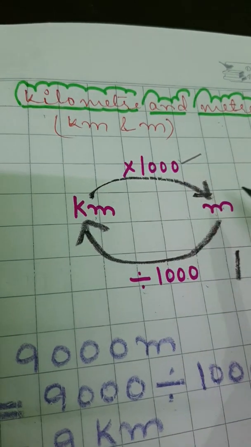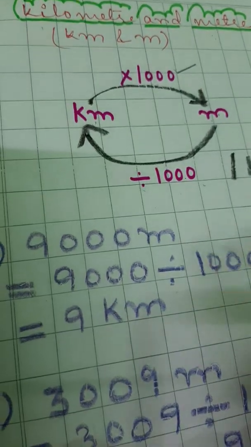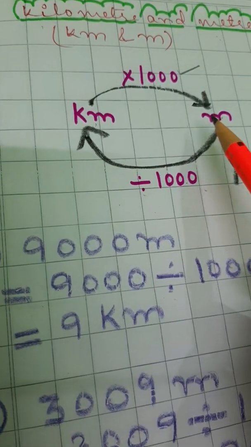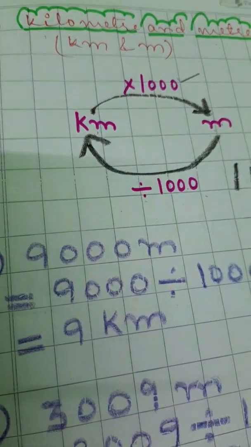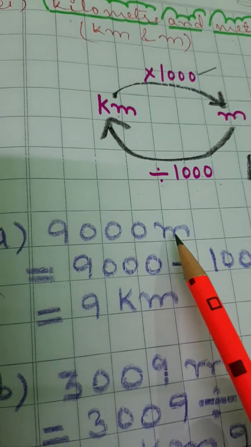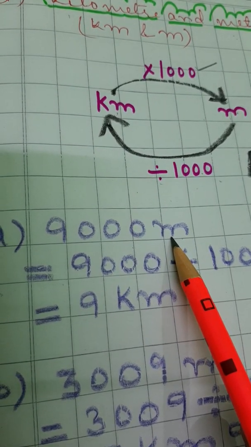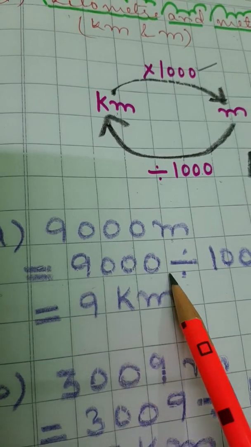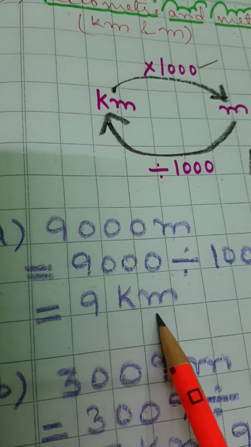This we have done in the previous exercise worksheet. So I will take the example of division, that is converting a smaller unit to the bigger unit. 9000 meter. If I want to convert this meter into kilometer, I have to divide it by 1000. So I will divide 9000 by 1000. The answer is 9 kilometer.